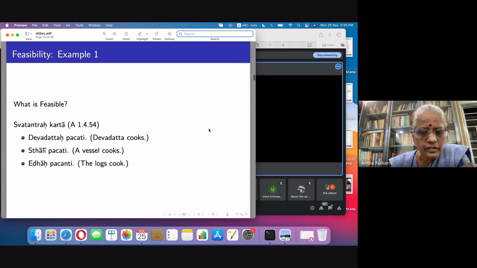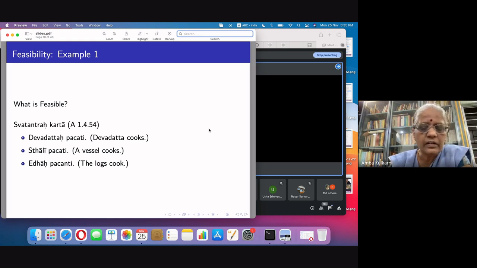I start with one of Panini's Sutras. I know that there will be many people here who will not know anything about Panini's grammar, doesn't matter, but all of you know your languages very well. So I am trying to make it as simple as possible.